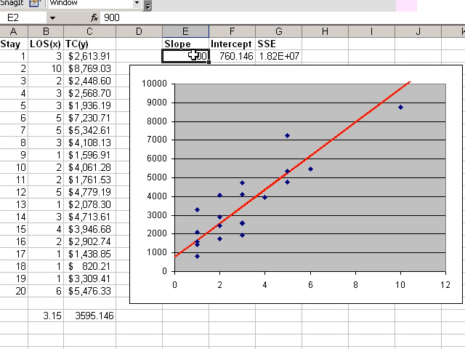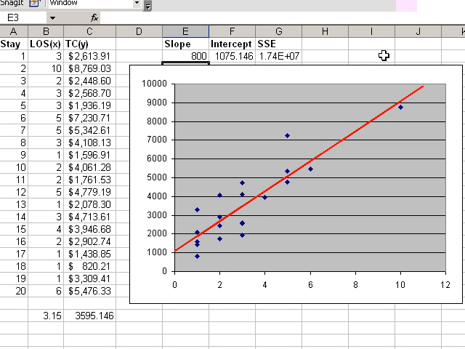At 700, it's 1.84, not as good as 800. Let's go back to 800, and at 1.7, 800 seems to be a fairly good approximation of a best fitting straight line.